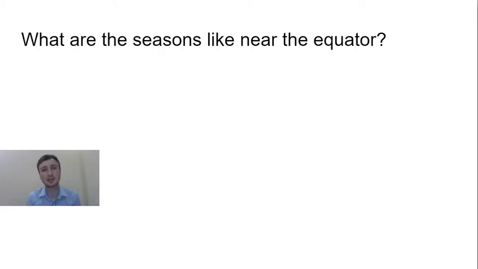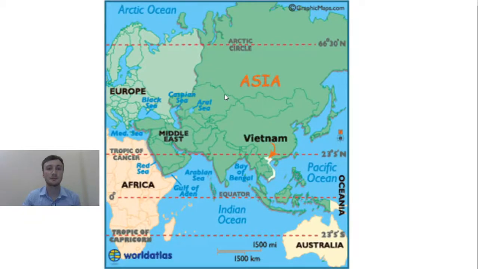How does the temperature change across the year? And how is that different to countries that are far from the equator? Yeah, like Russia. Okay. And where is Vietnam? How is Hanoi in the north of Vietnam different to Saigon in the south?